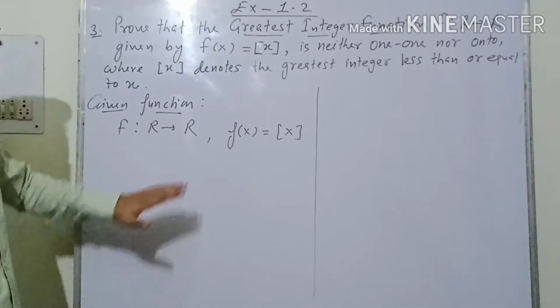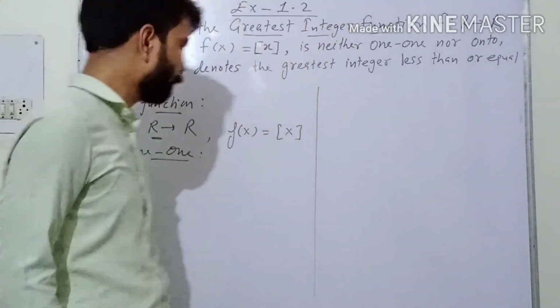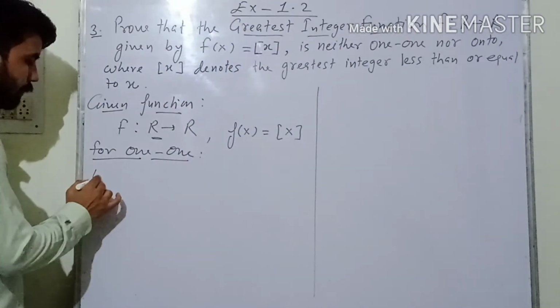We have to show this function is neither 1-1 nor onto. First we check whether it is 1-1. I am considering two elements which belong to its domain. Its domain is R, the real numbers. Beta, a real number can be in decimal form. Yes, obviously.